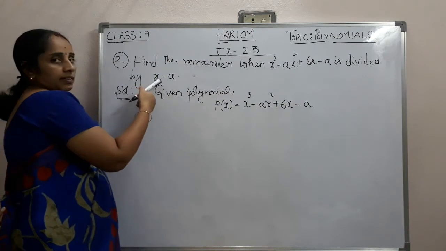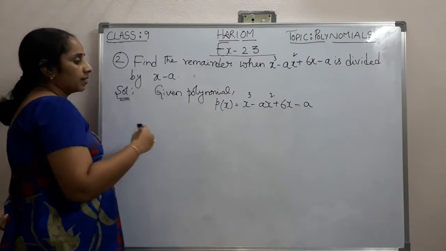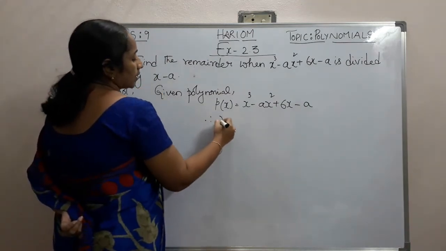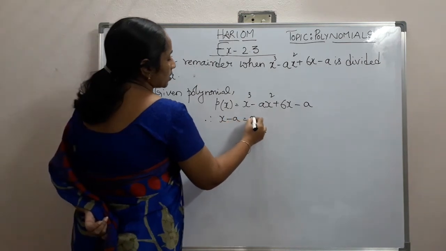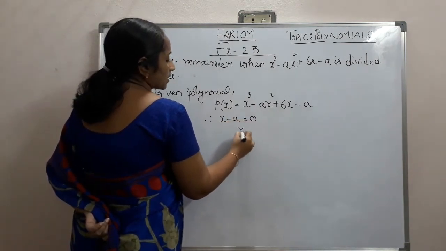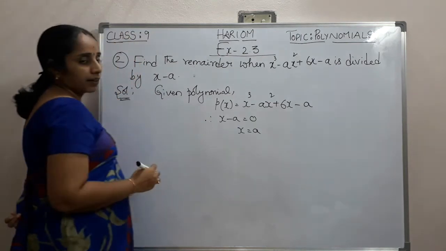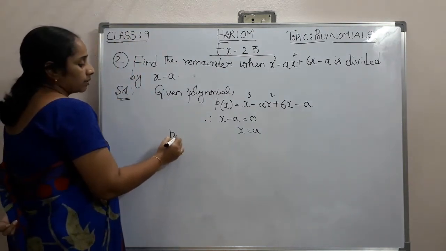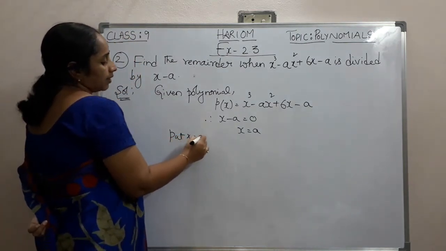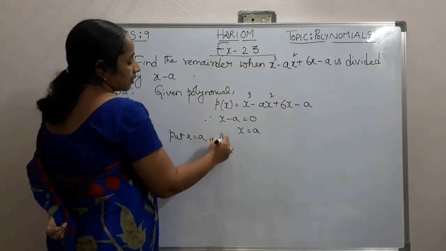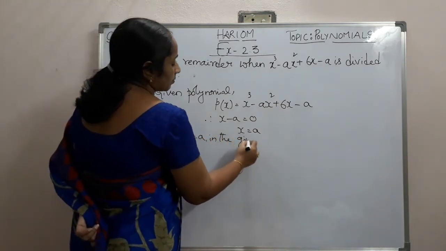The divisor is x minus a. So therefore x minus a is equal to 0, which implies x is equal to a. So put x is equal to a in the given polynomial.